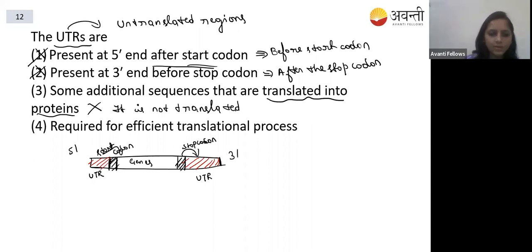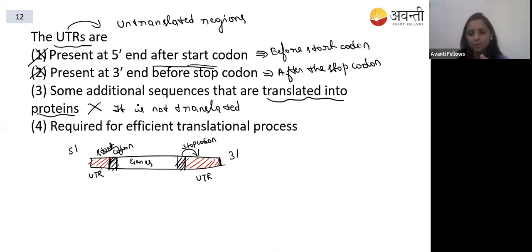Then coming to the fourth option, required for efficient translational process. Yes, guys. For example, from the starting, it will scan the mRNA. Then it will start from the start codon, and it will synthesize the protein. Then it will stop there.